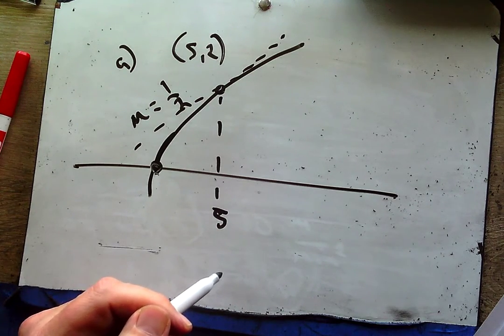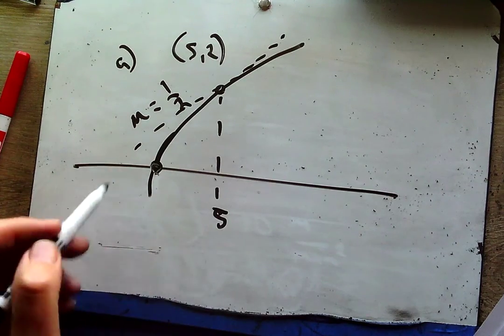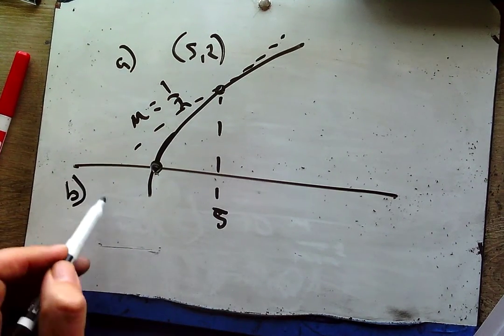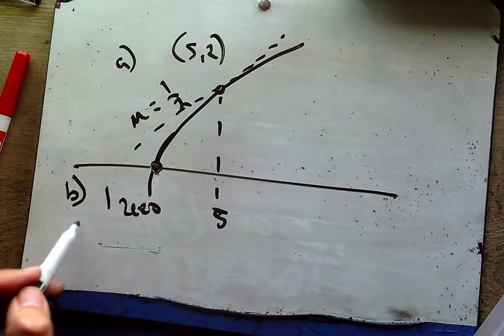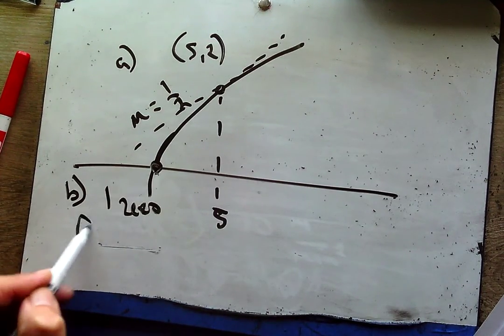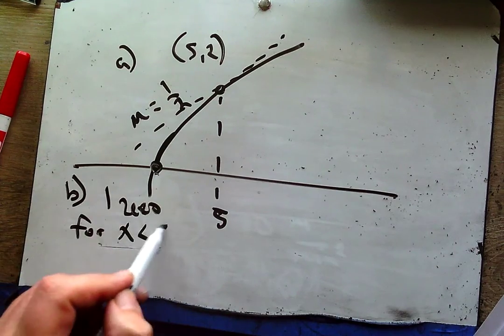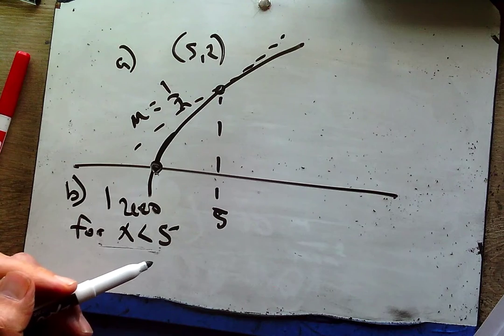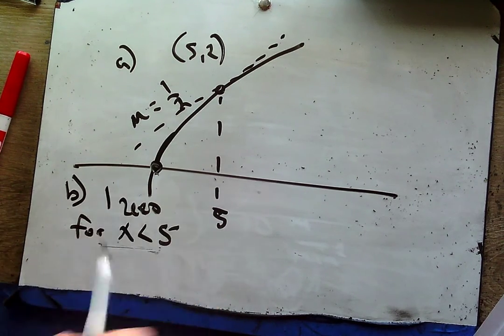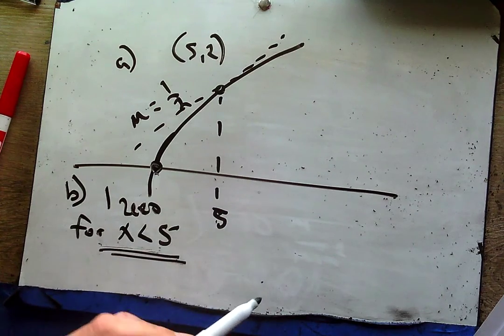How many zeros does this function have? Oh, that's the one we just did, b. b said 1, for x less than 5. Somewhere over here there's going to be an x-intercept. And then we say, what can you say about the location of the zeros? There we go, to the left of 5.